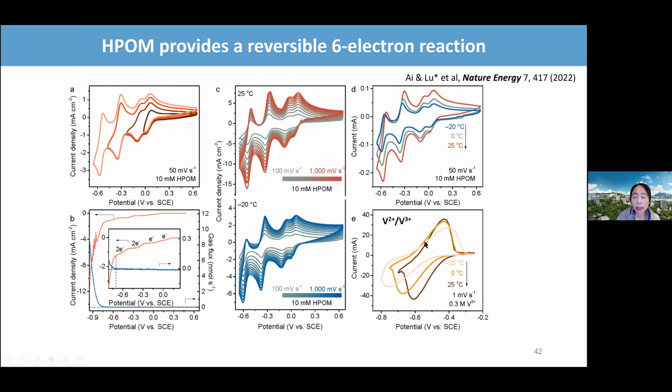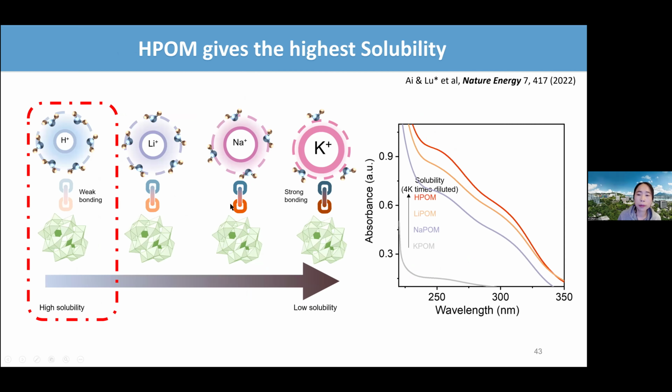But in contrast, the vanadium 2+, 3+, which is the anolyte of the old vanadium flow battery, has a significant impact on the kinetics as we decrease the temperature. So this indicates that HPOM will survive much better in a low temperature environment.